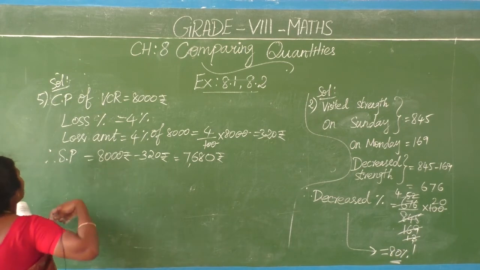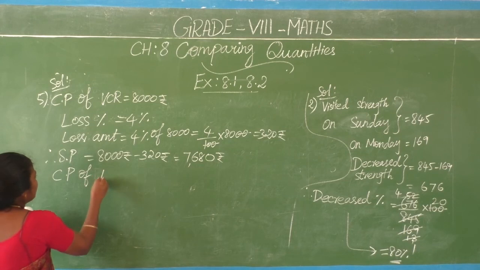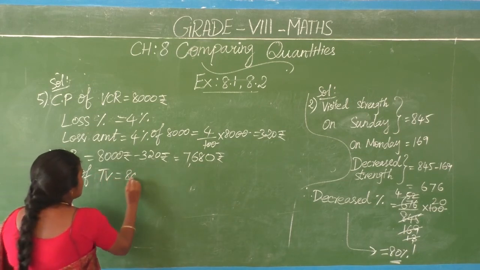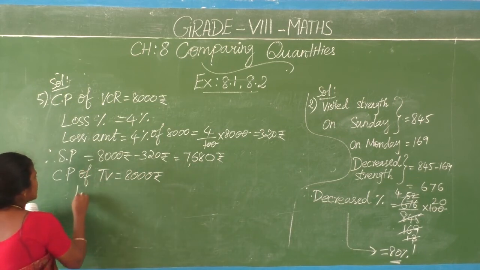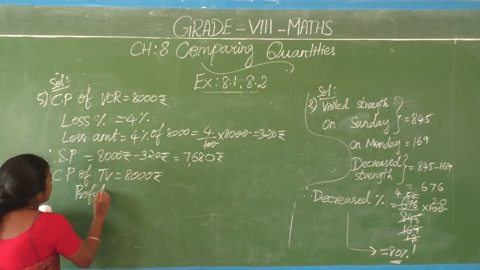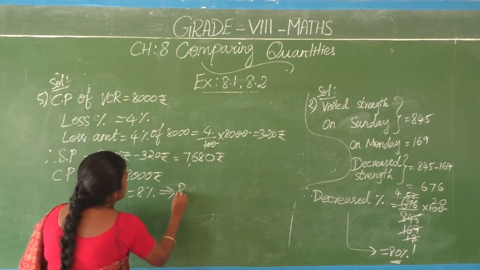Then CP of the TV, this also has the same cost, 8,000 rupees. Okay, here he got a profit. Profit percentage is 8. That means what is his profit amount?